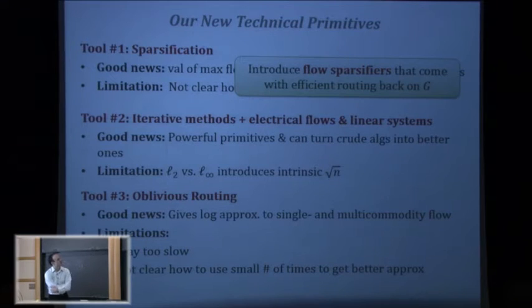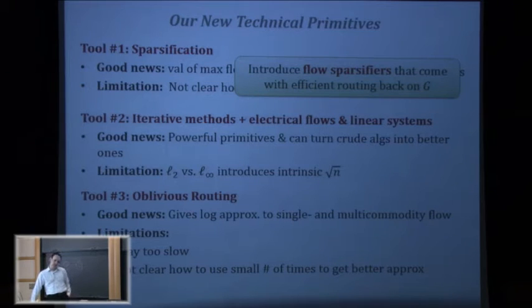What they're going to do is give you a sparsification scheme along with the ability to efficiently route, not just that you get the cuts right, but you also get an actual way of efficiently routing things back in the original graph, with a little bit more of a loss, but we'll talk about that. So which is stronger than the normal cut sparsifier. Yes, it will be a cut sparsifier plus an efficient routing.